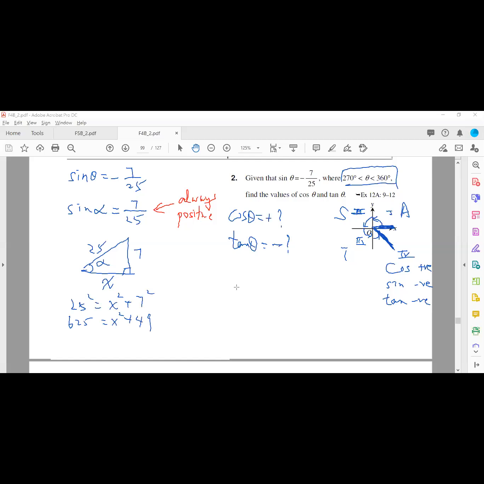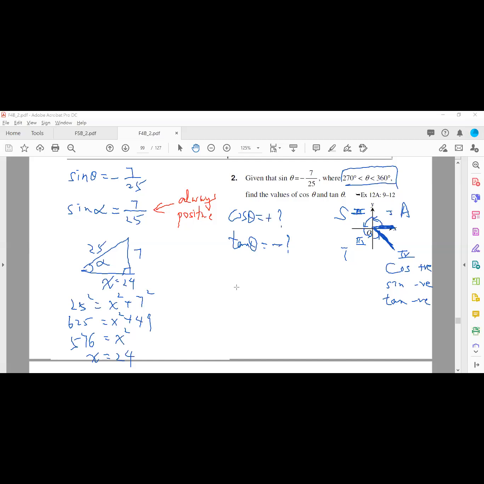And then 576 is equal to x squared. Finally, x should be equal to the square root of 576, so x is equal to 24. Which means that the third side, the adjacent side, is equal to 24.